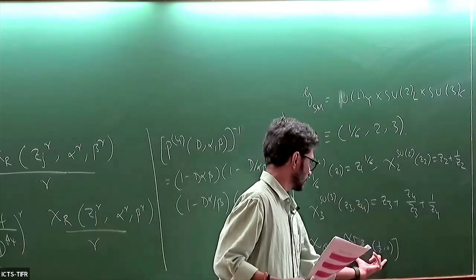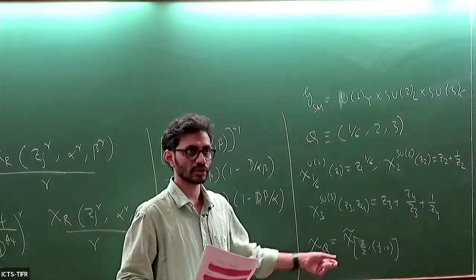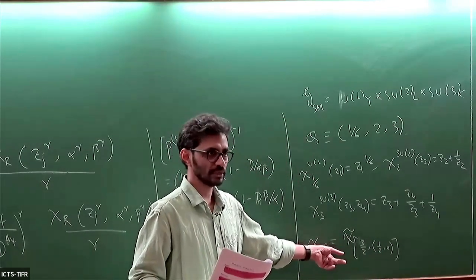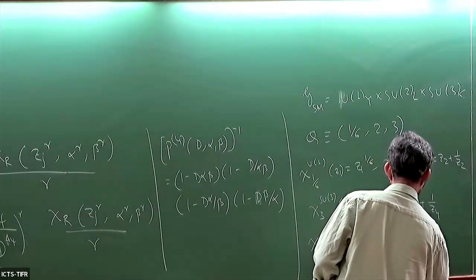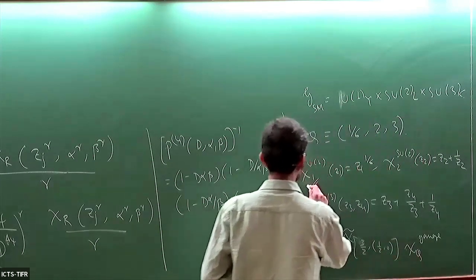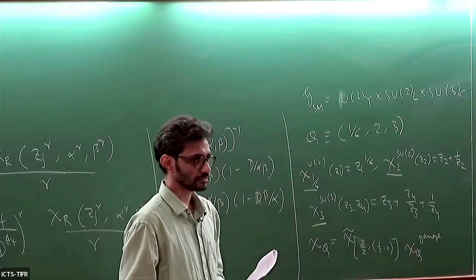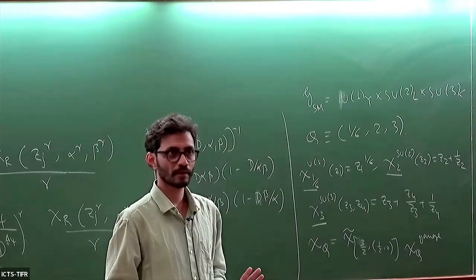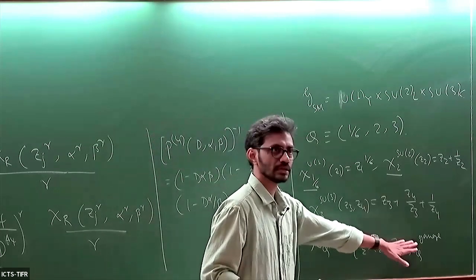So this is basically my short representation character for this fermion, right? And then I define my chi q gauge. What is my chi q gauge? Product of these three. Okay. So the total character is basically in this way you accommodate.